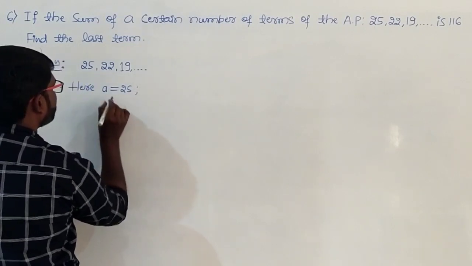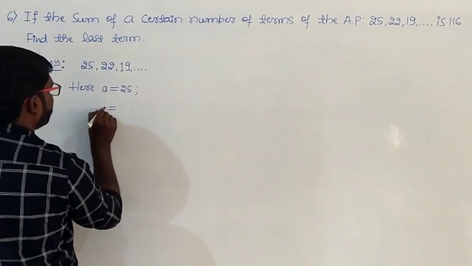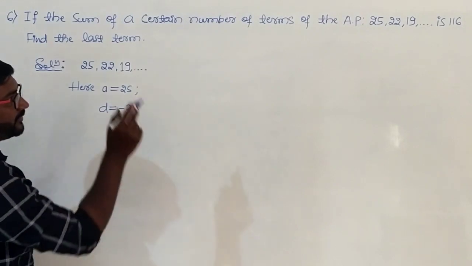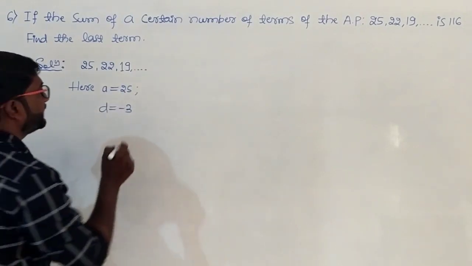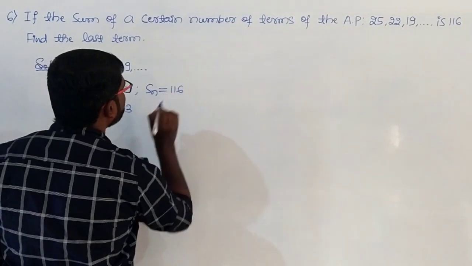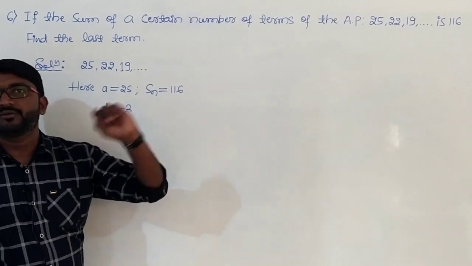D, which is equals to 22 minus 25 or 19 minus 25. It is minus 3. And what is that 116? It is Sn, sum of n terms. Sn, which is equals to 116. So now we will have to get the value of n, and later we have to go for the last term.